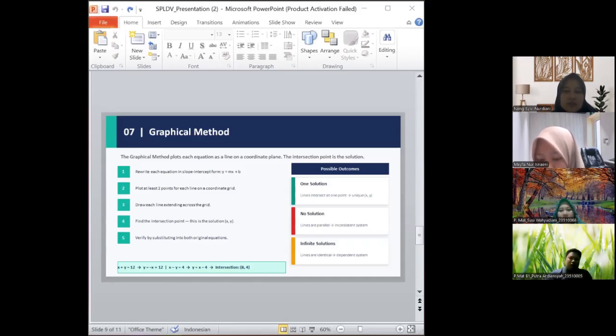Y equals X plus 3 and their sum is 25, so X plus Y equals 25. Using substitution, I put Y equals X plus 3 into the second equation: X plus X plus 3 equals 25.